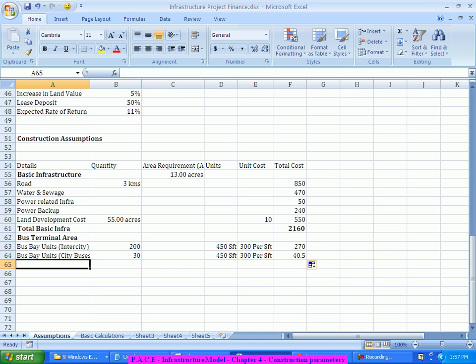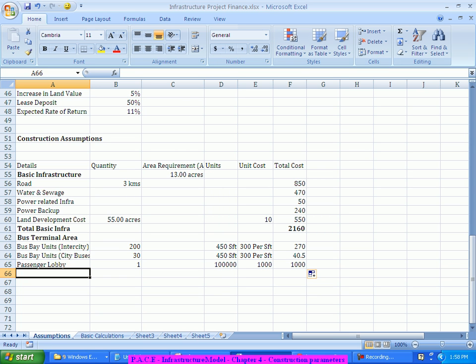Then similarly passenger lobby, they are looking at one unit with almost 1 lakh SFT. 1 lakh SFT, and it is going to cost you 1000 rupees per SFT. So this is going to cost you close to 1000 lakhs or 10 crores. Passenger lobby is going to cost you around 10 crores.